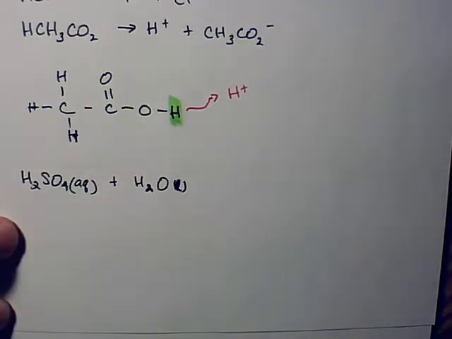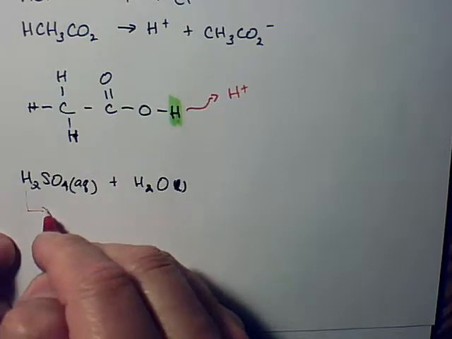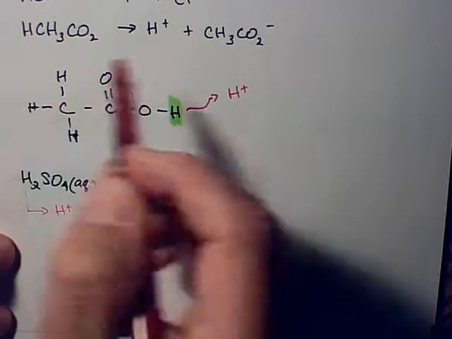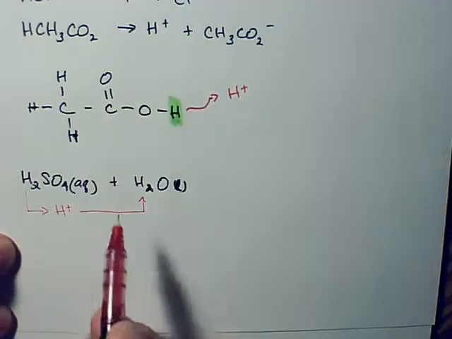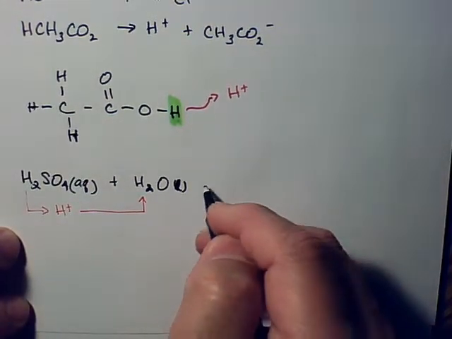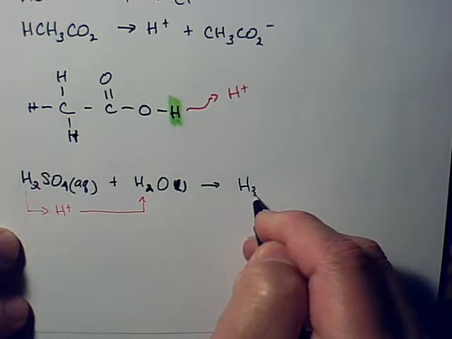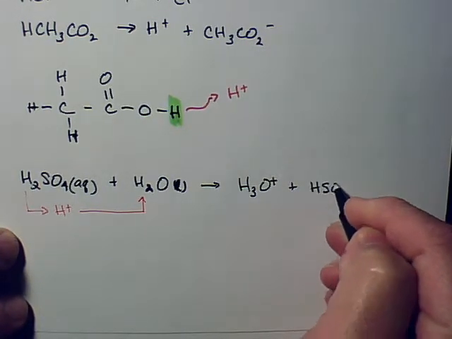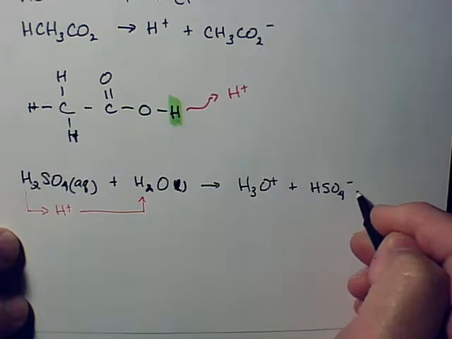All right, so with Bronsted-Lowry, we're still going to pull a hydrogen off, a hydrogen ion or a proton off. But this time, instead of just floating around willy-nilly in the water like this, it's actually joining up with an oxygen, the oxygen part of water. And so now we get H3O from that, and we have HSO4 left over.